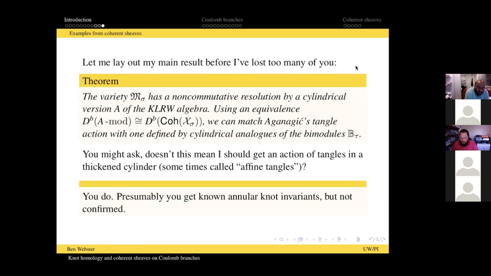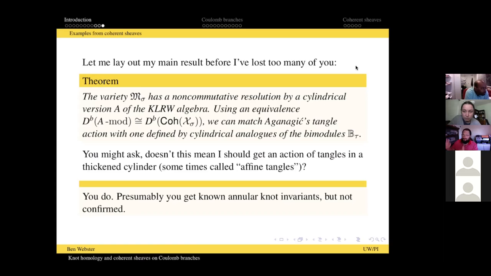In fact, another way to think about it is it's a non-commutative algebra whose module category is derived equivalent to coherent sheaves on this variety. I like this language of non-commutative resolutions because this algebra exists all on its own without reference to any particular choice of crepant resolution in the usual sense of algebraic geometry.